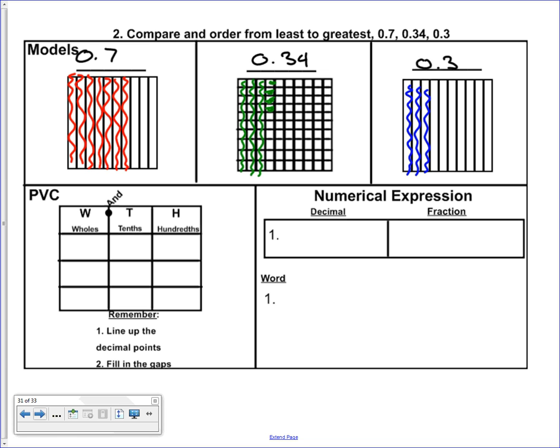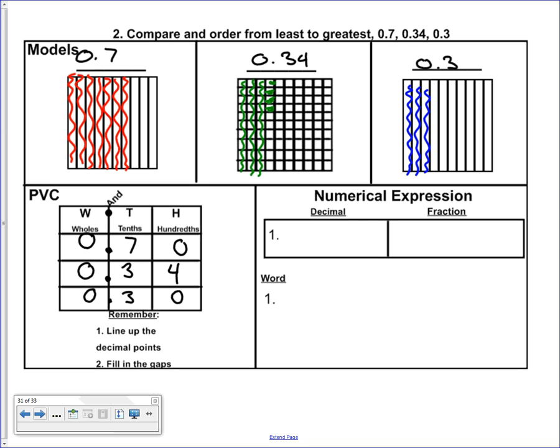Okay, let's put them in our place value charts. So 0 whole, let me do this first one, decimal, 7 tenths, 0 hundredths. Next one, 0 whole, decimal, 3 tenths, 4 hundredths. And the last one, 0 whole, 3 tenths, 0 hundredths.